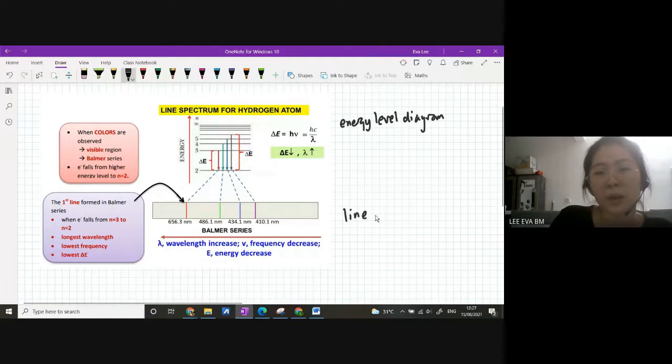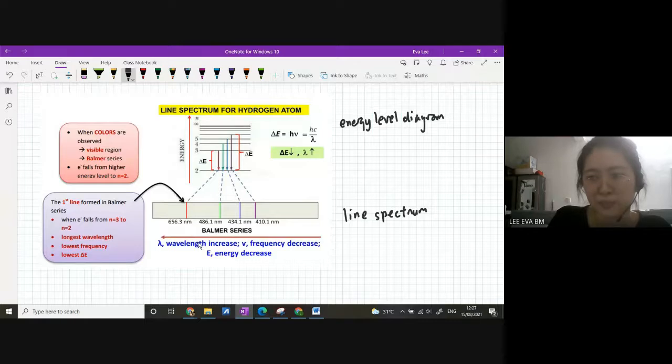There are a few things you need to be alert to. So the energy level diagram with the axis, and then the line spectrum looks something like this. When colors are observed, it represents the visible region. It also represents your Balmer series. It also tells you that the ground energy is n equals 2.